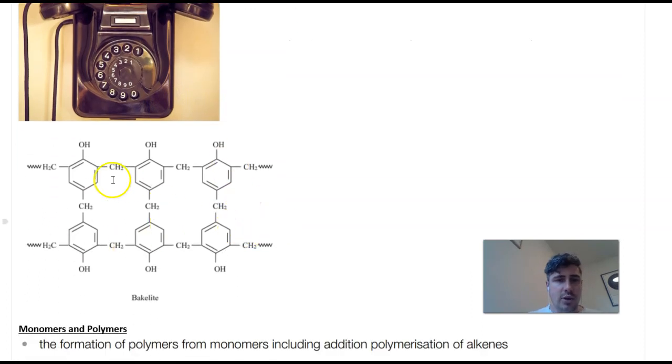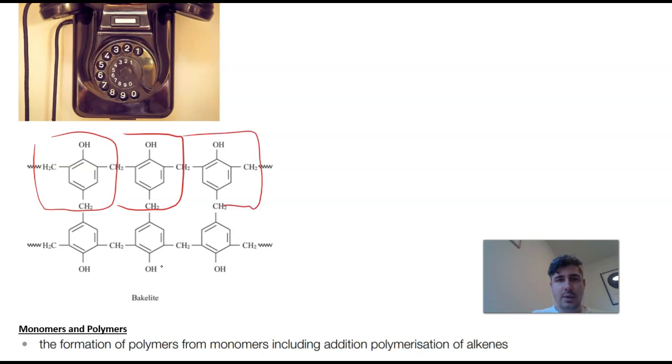So you can see the structure of it here. Those of you with a keen eye can see that it's made of repeating units, which go again and again like this. We call these repeating units monomers, and the polymer is what we get when we put them all together. Poly meaning many.